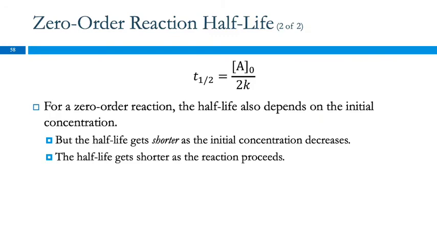You just do 2K because that's easy to do within a fraction. A0 over 2K is easier to look at than 1/2 A0 over K.